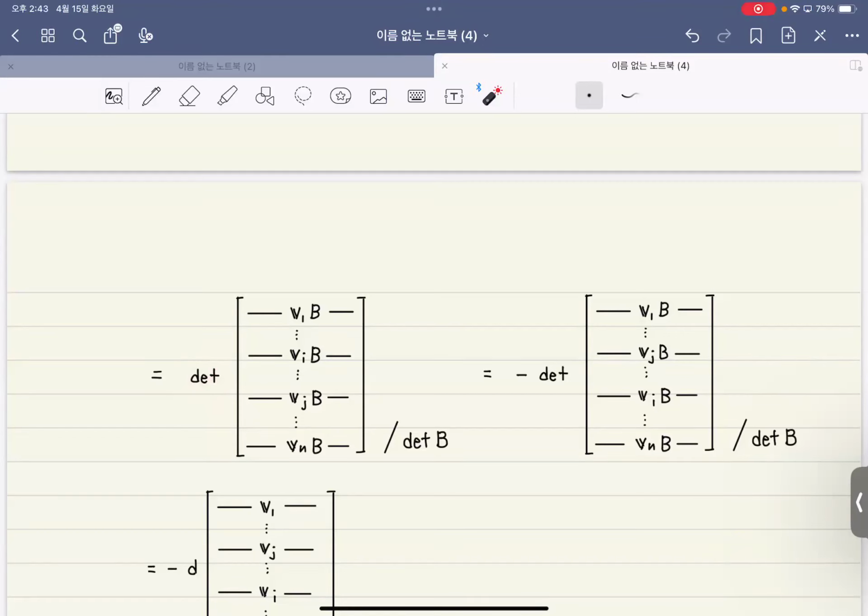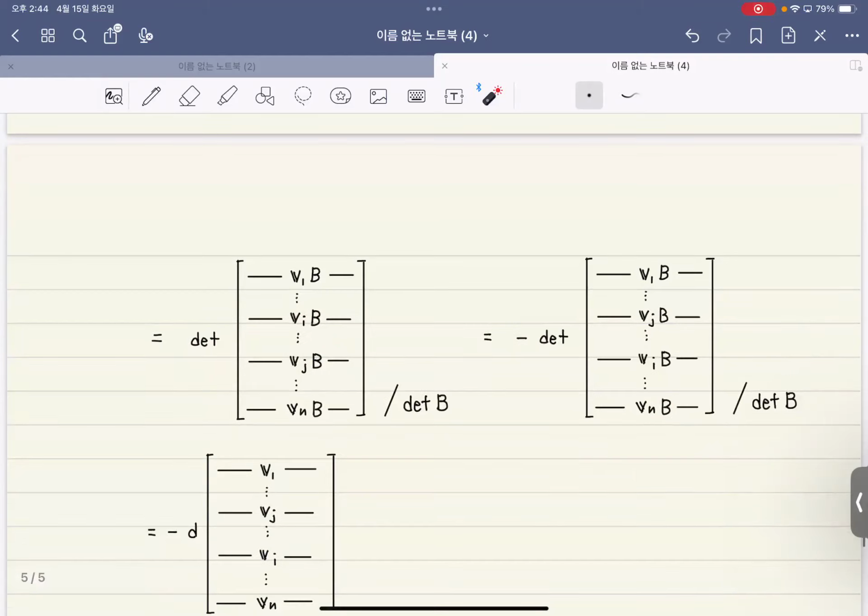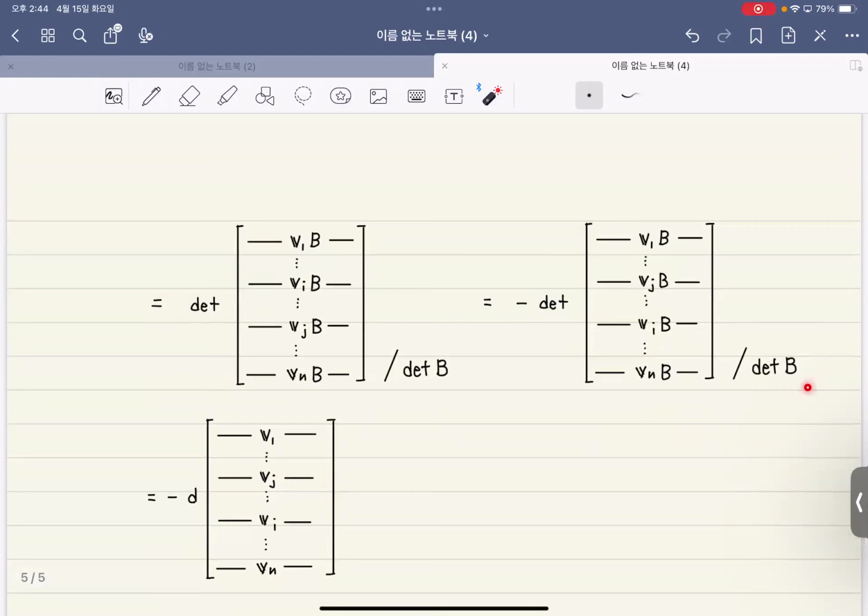So if I swap the order of these two rows, I need to put a negative sign here. This is Vi and Vj, but this is Vj and Vi, so these two have been swapped, and divided by determinant of B, obviously. This last expression can be written as minus D of the matrix V1, Vj, Vi, Vn.